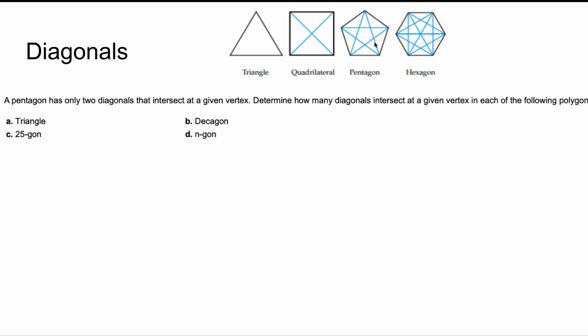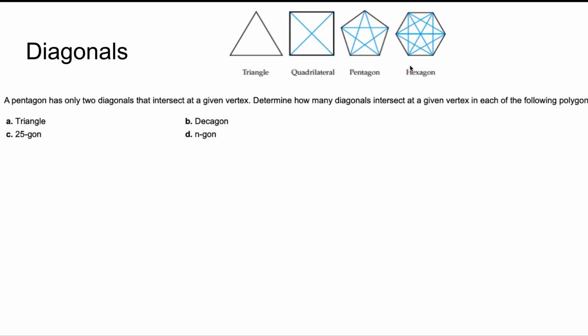For a pentagon, I can draw all of these diagonals. So from one vertex, not the adjacent or consecutive vertex, but the other vertices, you can draw a line segment. We call that a diagonal. As the number of sides increases, the number of diagonals also increases, right?